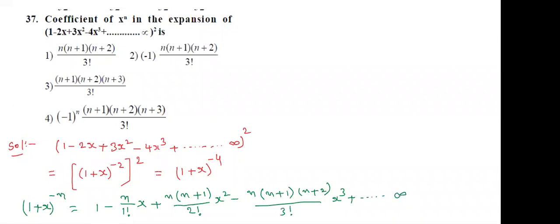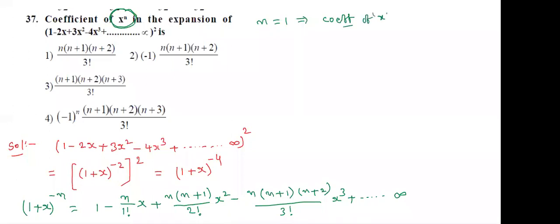In the previous problem, the 35th question, how we did, following the same method. Here they are asking the x power n coefficient. Take n as 1, then we get the coefficient of x.